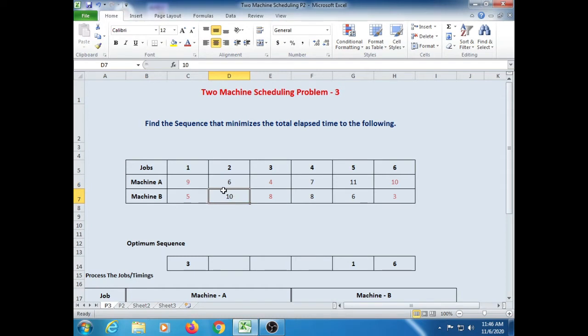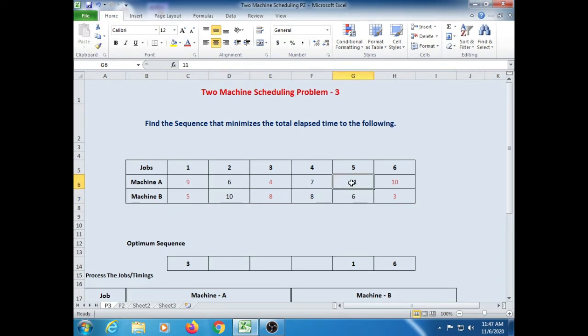This is the corresponding processing time for the 6. And here we have 11 as the corresponding processing time. So we have to check the corresponding processing times: here 10, here 11.